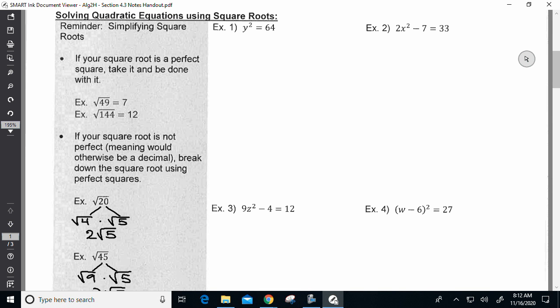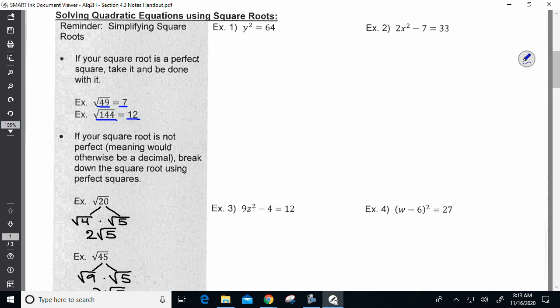So just to give a brief reminder, to simplify a square root, if it's a perfect square, take the perfect square and be done with it. So square root of 49, 7. Square root of 144, 12. Take the square root and be done with the problem.